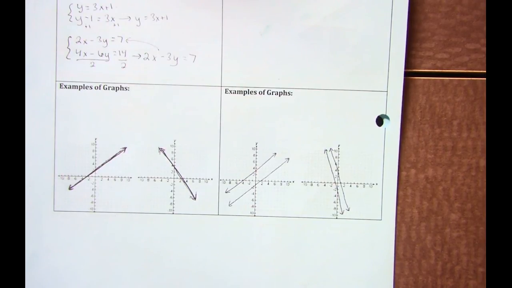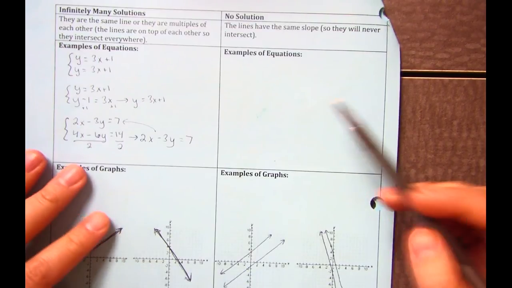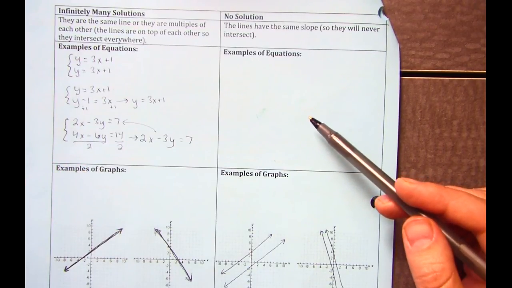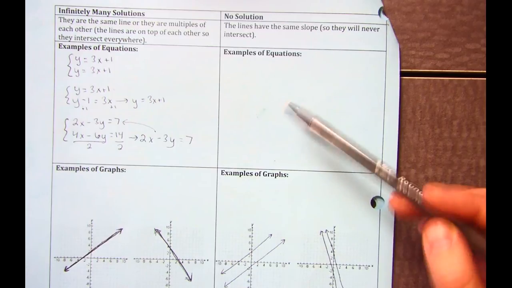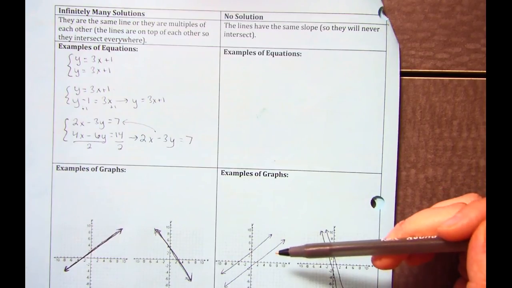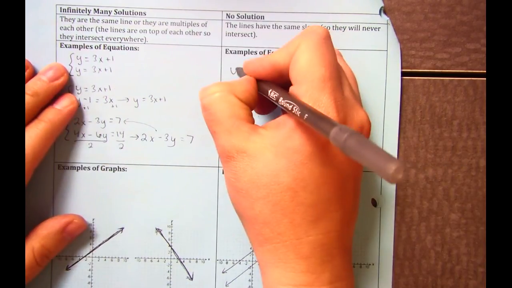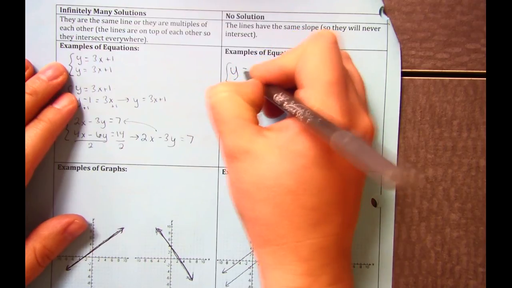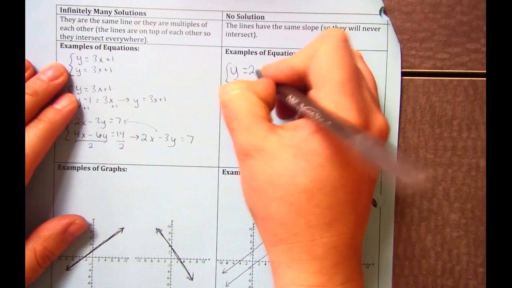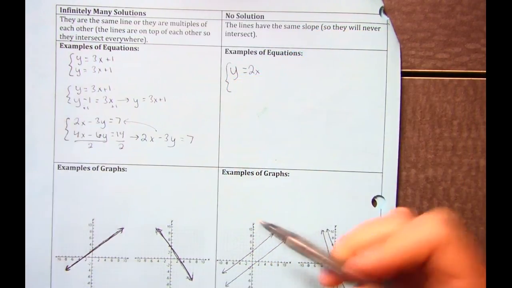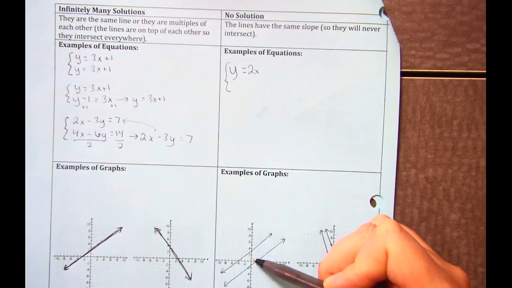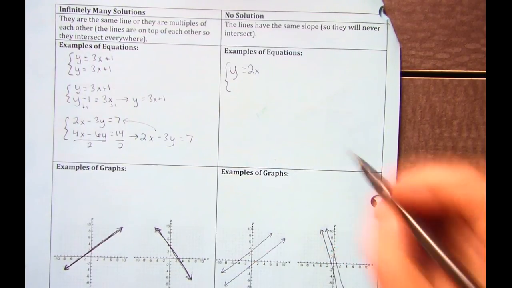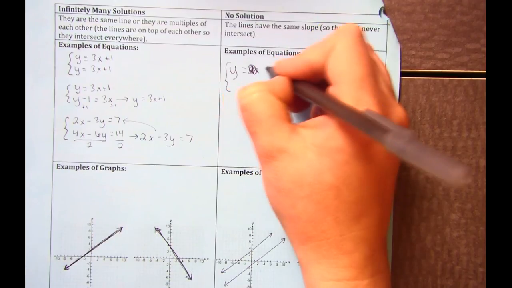Now what that looks like in equation form is whenever you have two lines that have the same slope. Because if two lines are parallel, that means they must have the same slope. So you could have y equals, let's do this right here, the slope of that is about 1x.